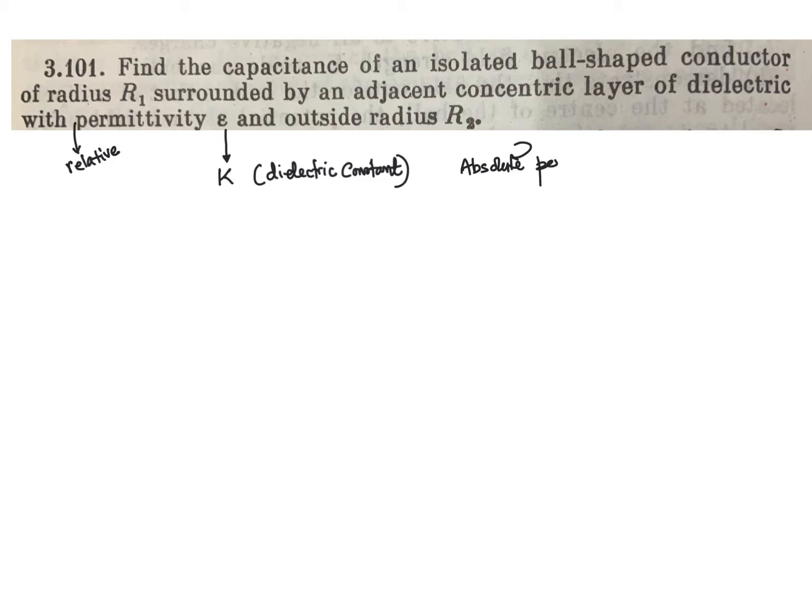The absolute permittivity of this particular dielectric is equal to K times epsilon naught. So we will assume it's K times epsilon naught, the absolute permittivity, and I'll just replace this by K, and also add the words relative permittivity.